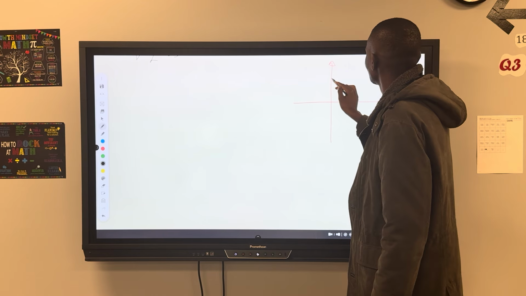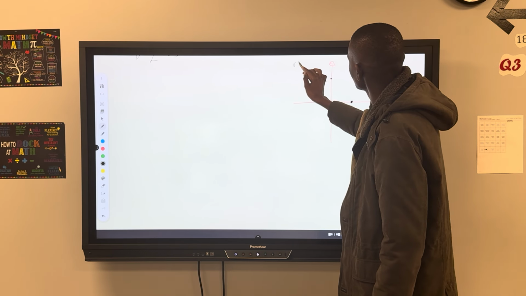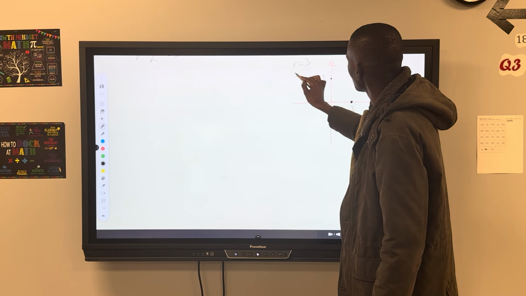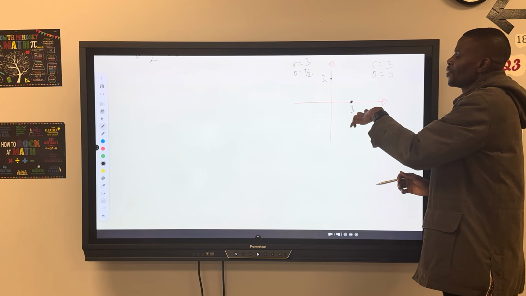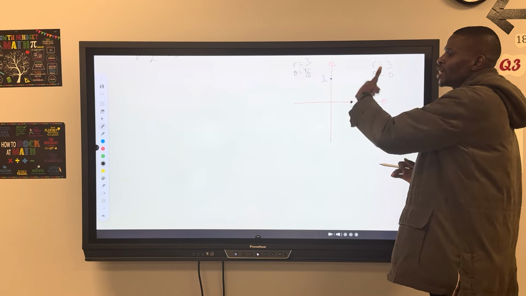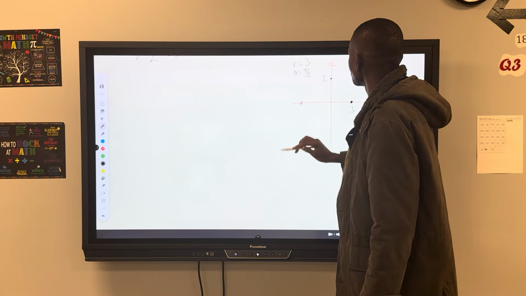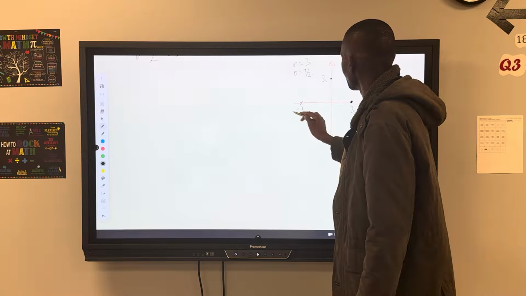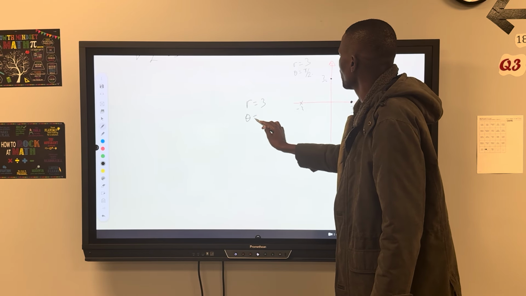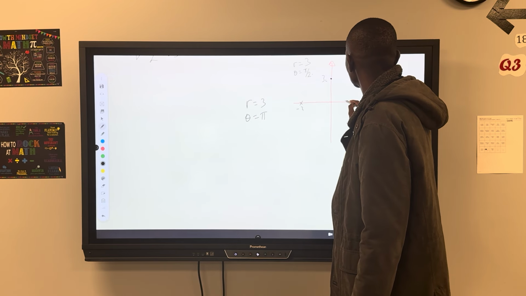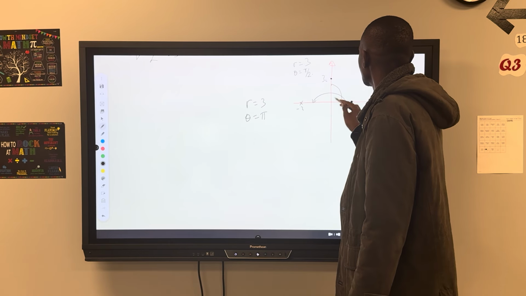If it's maybe 3i, your modulus will be 3, but your angle will be pi over 2. That's 90 degrees. Remember, angles are positive when you go anti-clockwise. Then, maybe we have -3. Still, our modulus will be 3, but the argument now is pi, 180 degrees, because it's from here to there.